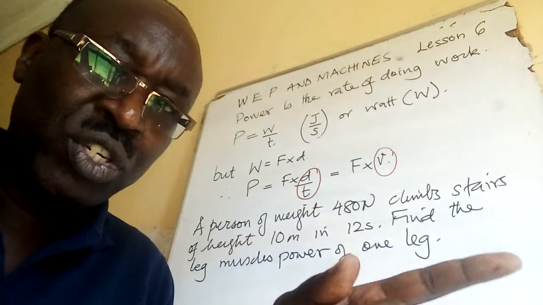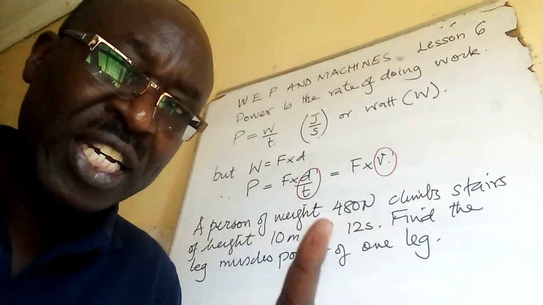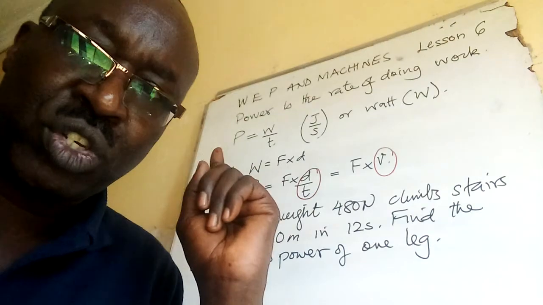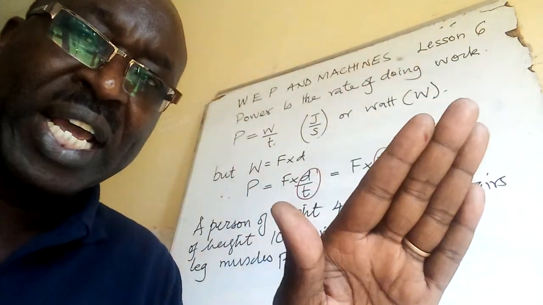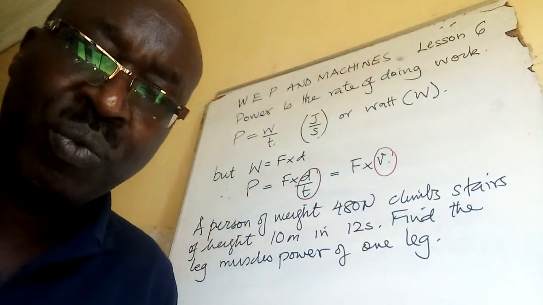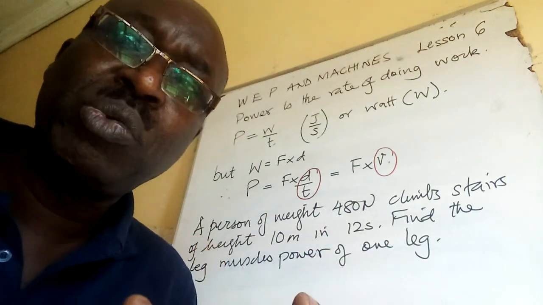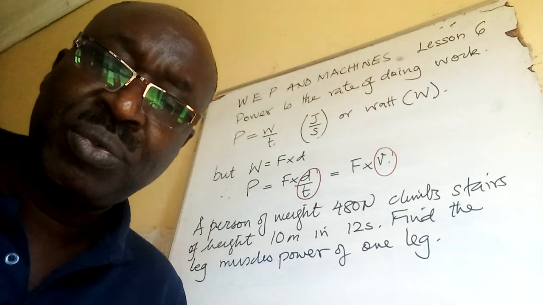Work is force times distance. That distance cannot be perpendicular to the direction of force. It cannot be oblique. It cannot be at an angle. Not that those are not possible. They are possible, but they are not studied at this level.